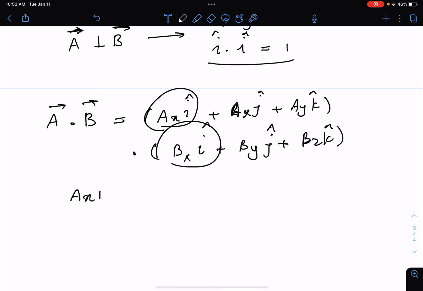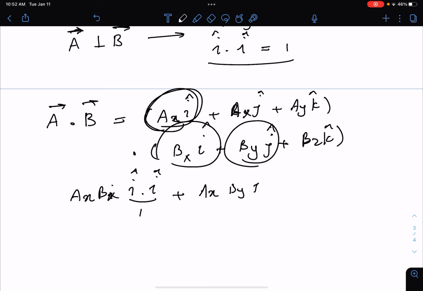So it is going to be ax bx, i multiplied by i, so 1, right? Then multiply this by this part, ax by, j multiplied by i, 0, right? Do this for the third one, ax bz, i times k, also 0.